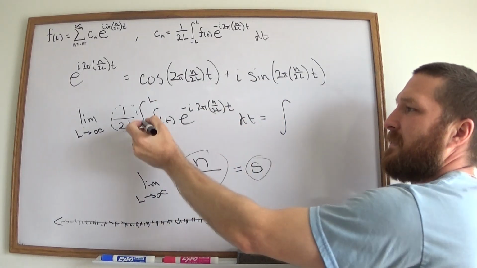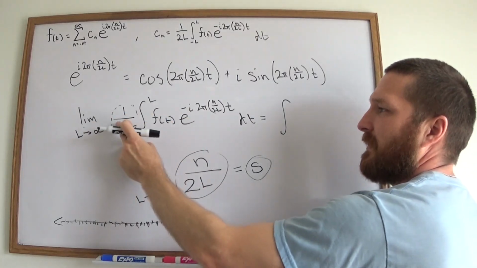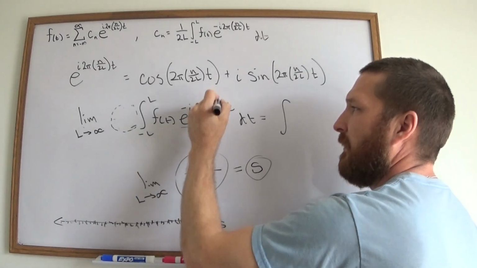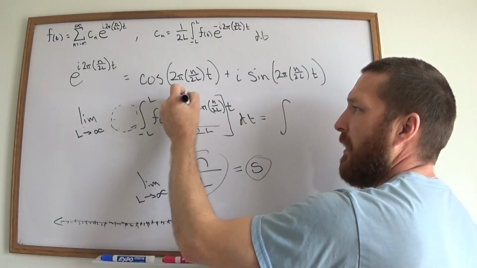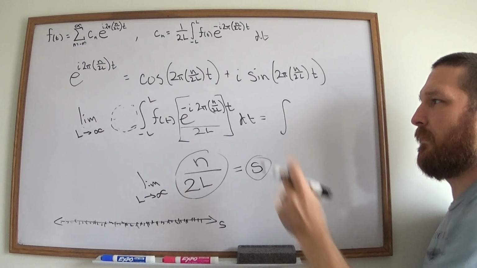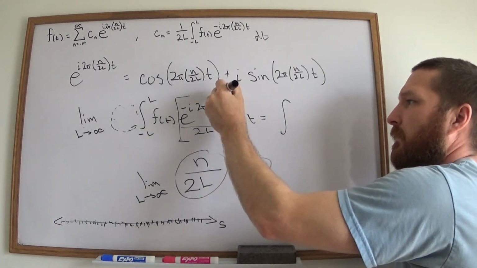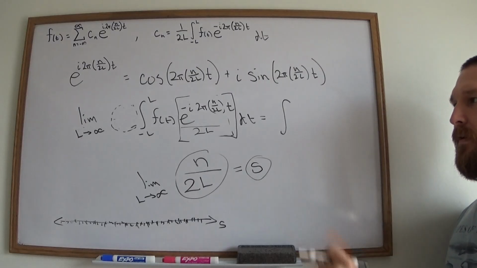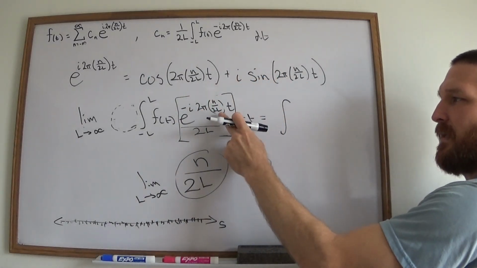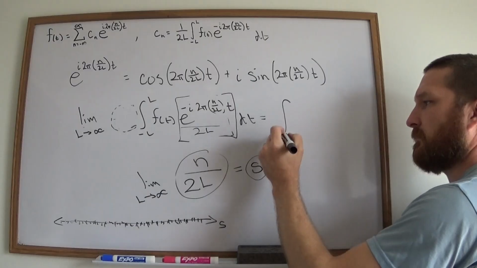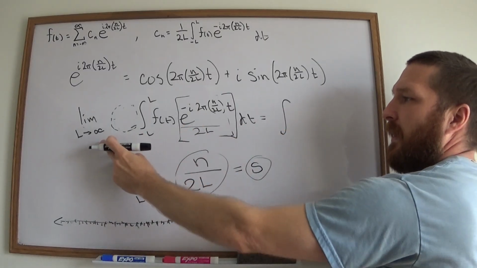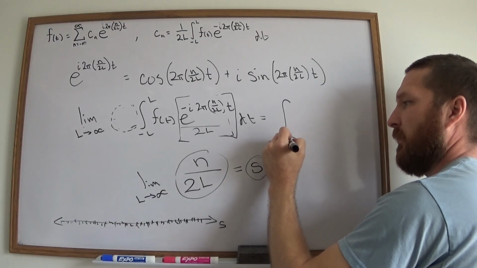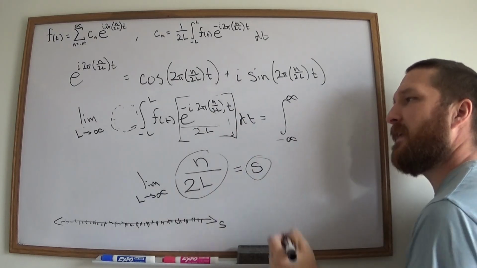And what happens is that this thing and this thing, in fact, I'm going to go ahead and bring him in right there. And think about it like that. That thing makes that guy go to S. And so L going to infinity means that the limits now are going from negative infinity up to infinity.